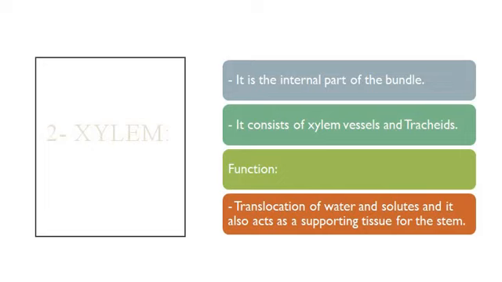The xylem also has xylem parenchyma cells. Also, the phloem has sieve tubes and companion cells, and also phloem parenchyma cells, which are just for aeration, with no other function.